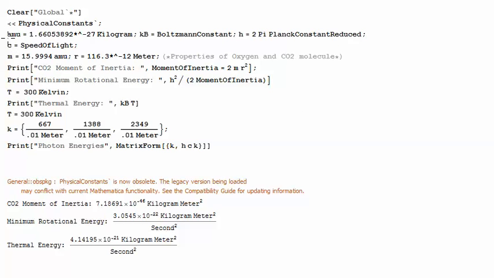So I ran this through Mathematica, defining the AMU being 1.66 times 10 to the negative 27th kilograms, the mass of the oxygen atom being 15.994 AMU, and the radius being 116.3 times 10 to the negative 12th, and plugged in 2mr squared to find that the moment of inertia was 7.18691 times 10 to the negative 46 kilogram meters squared.